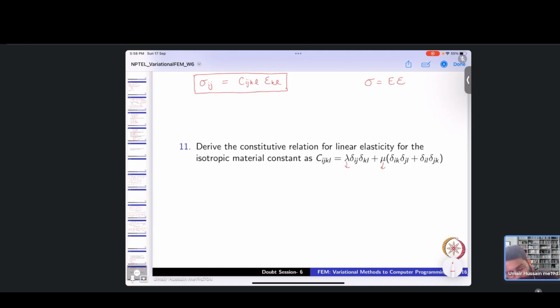So this can be replaced by this equation. We'll replace Cijkl by lambda times delta ij delta kl plus mu times delta ik delta jl plus delta il delta jk.